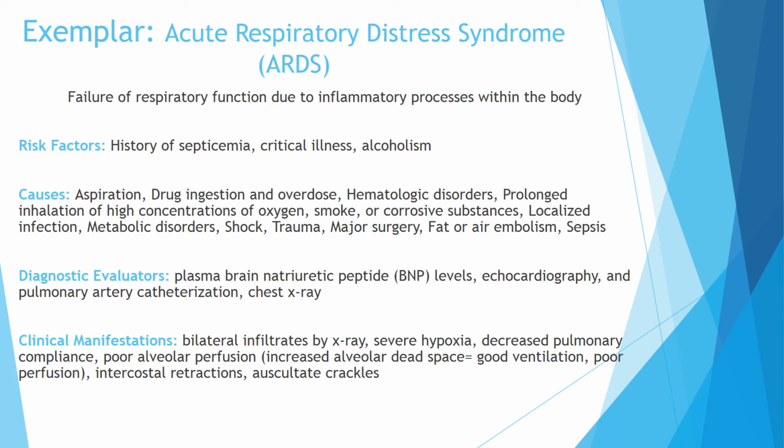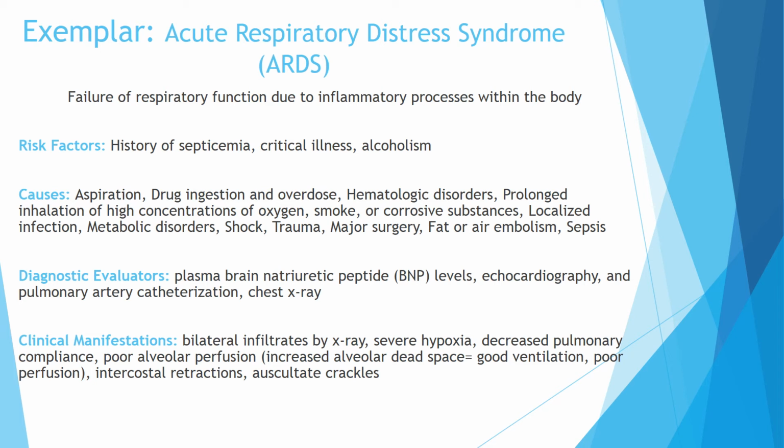So things like that can cause people to have respiratory failure, and it injures their lungs so badly that they need to be put on mechanical ventilation, and it's a long recovery for them. So aspiration is one cause. Prolonged inhalation of high concentrations of oxygen, smoke, corrosive substances.